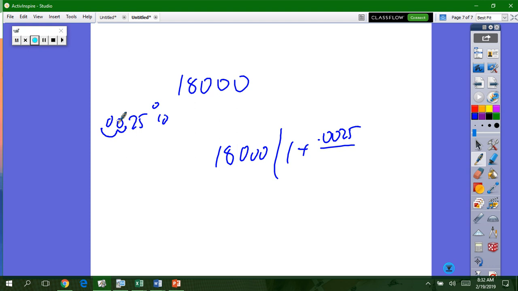If it was 30%, what is my decimal for 30%? 0.3, right? Because I move my decimal twice. But for 0.25%, I still have to move my decimal twice, but I have to put zeros. Let's do something easier: how about 1.25%?